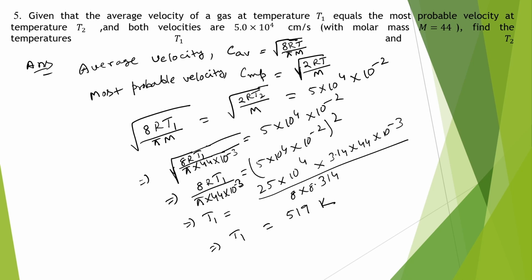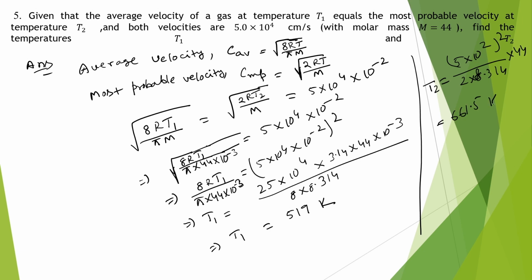If we carry out a similar exercise for T2, we get T2 is 5 times 10 to the 2 square by 2R, so 2 times 8.314, and then we need to multiply it by 44. If we carry this out, we get 661.5 Kelvin. So, these are the values of T1 and T2.